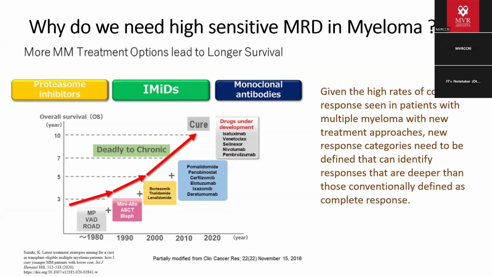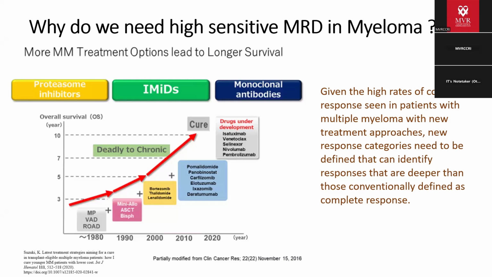We started using proteasome inhibitors and immunomodulators like bortezomib, lenalidomide, and then came the monoclonal antibodies like daratumumab, pomalidomide, carfilzomib. And now we are at the stage of CAR T cell therapy. Initially, less than 50% of myeloma patients used to achieve complete remission, but with this advance in treatment, more and more patients are achieving complete remission.